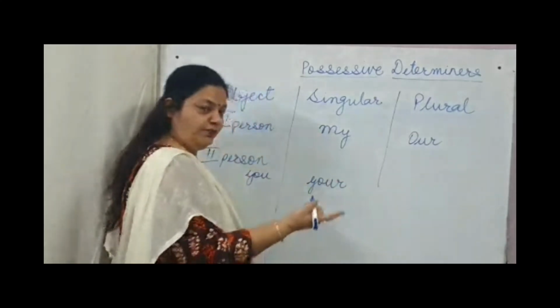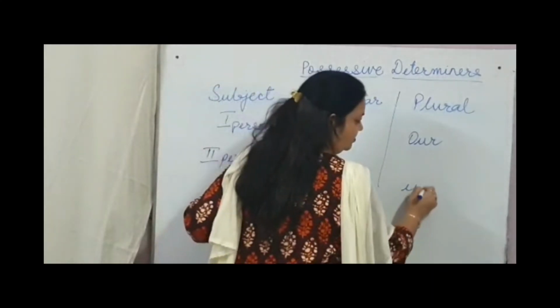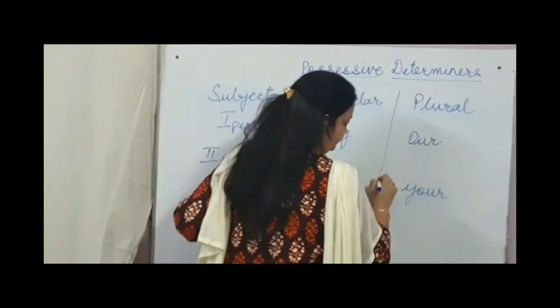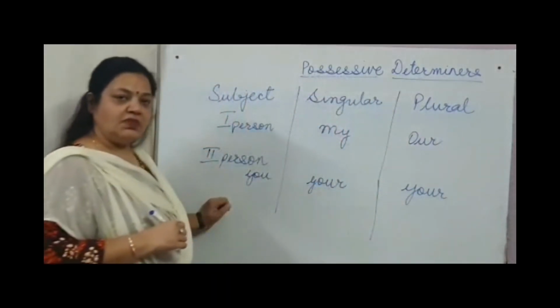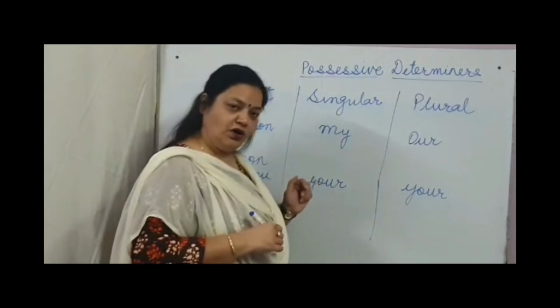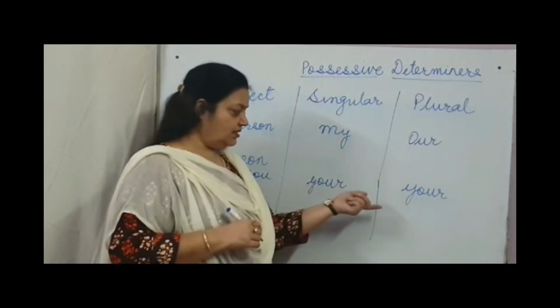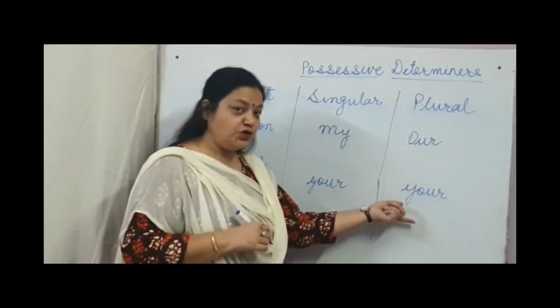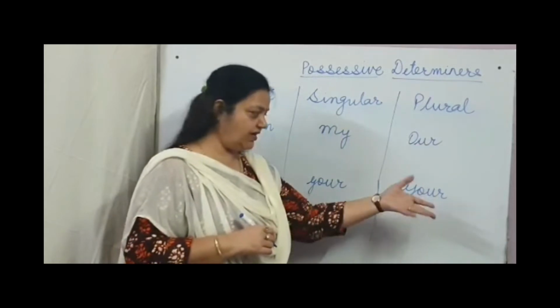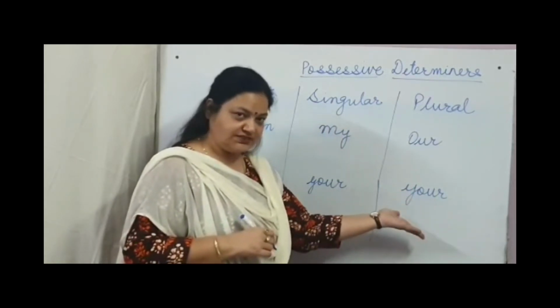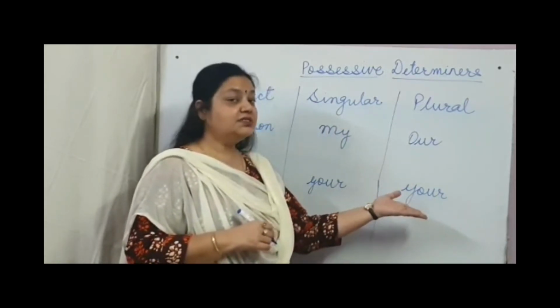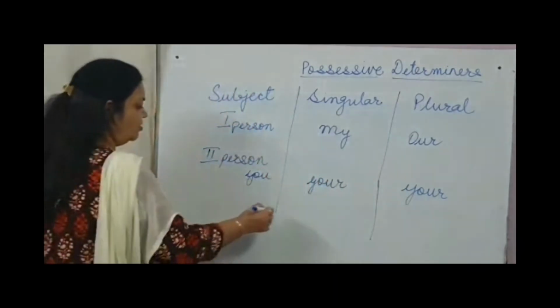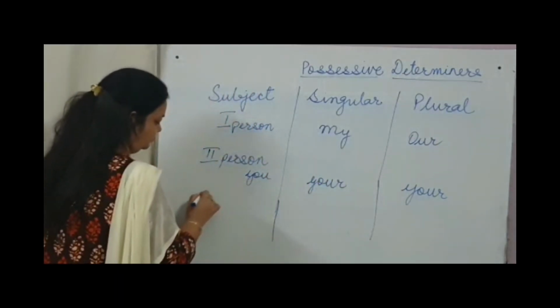And even for plural, we use the same, your. This is your dog. These are your pencils. We don't write yours, or the word doesn't change. It remains the same.